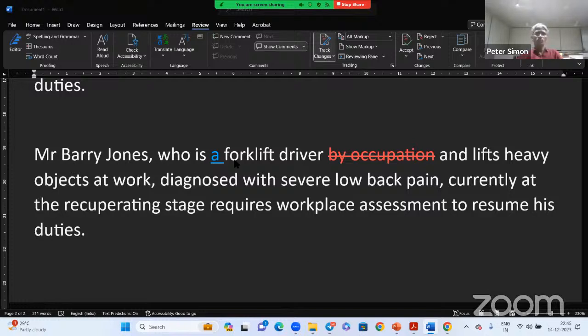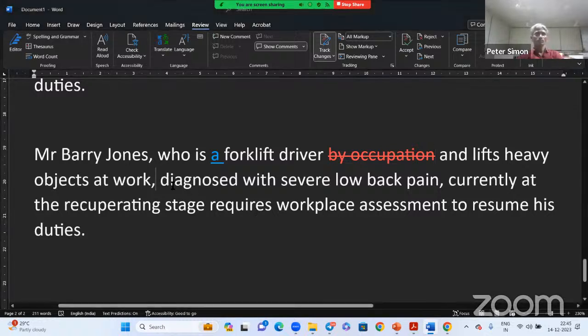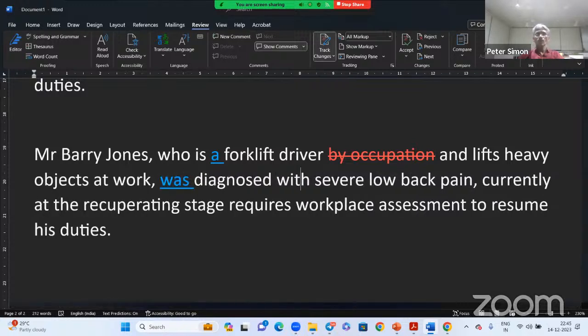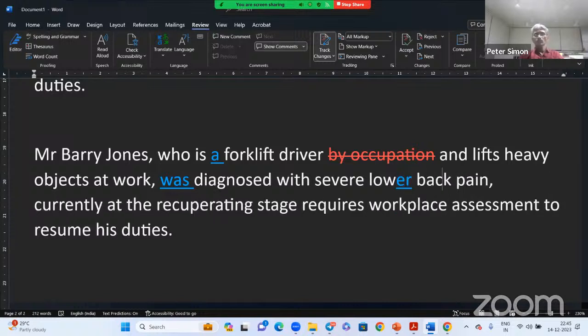Mr. Barry Jones, who is a forklift driver and lifts heavy objects at work, was diagnosed with severe lower back strain. So, diagnosis, don't change the words. Full stop.